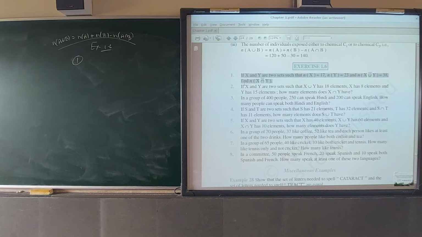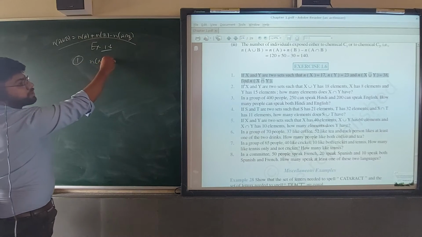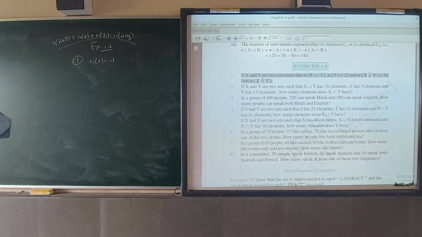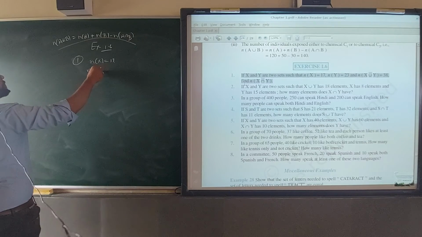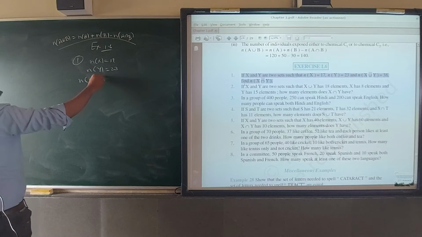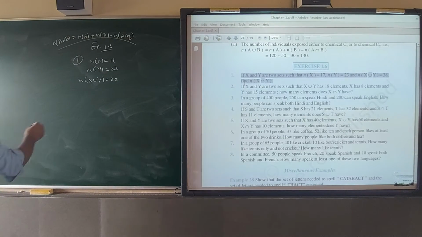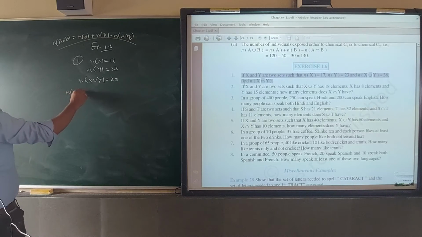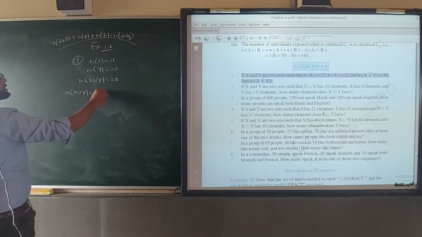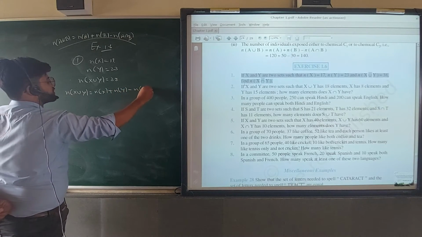Now first one: n(X), the number of elements in X, is given. It will be 17. The number of elements in Y will be 23. Then n(X union Y) will be 38. We have to find the intersection one. So what will be the formula? n(X union Y) will be equal to n(X) plus n(Y) minus n(X intersection Y).